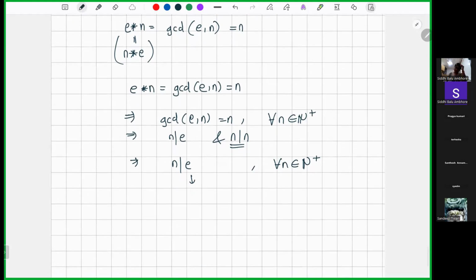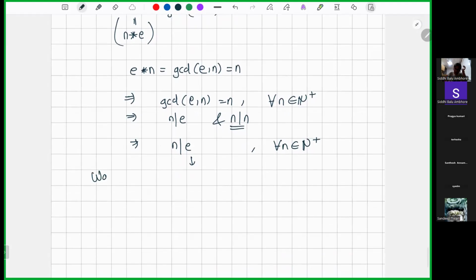So when I say something is the identity of my group under GCD, I started with this E and I arrived at this condition, and this condition must be satisfied by every positive natural number n.